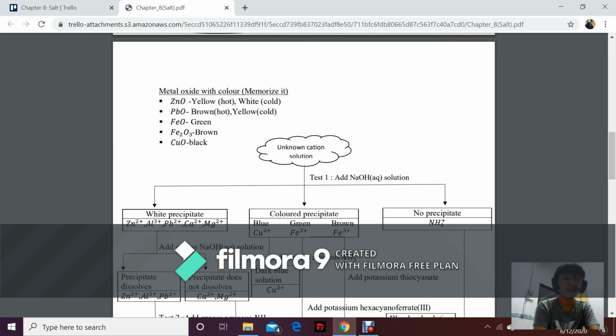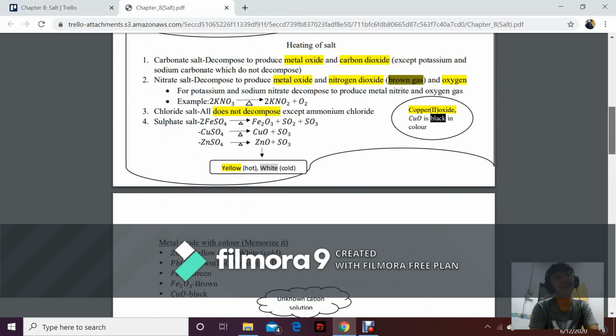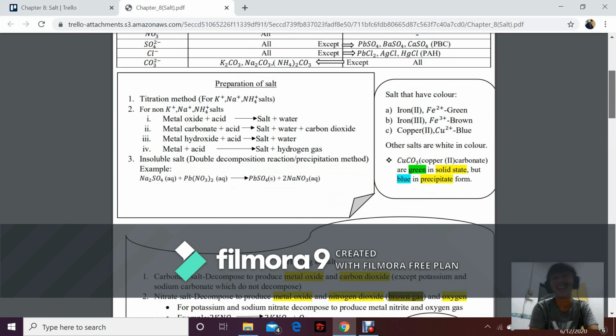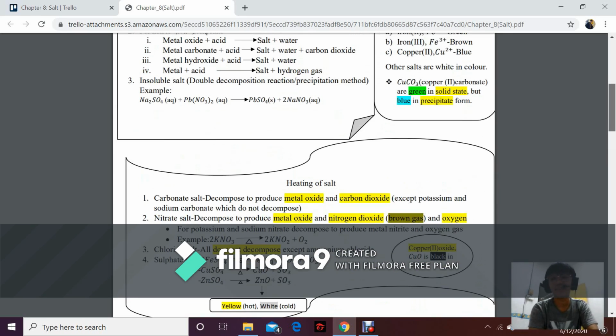The zinc oxide is yellow when hot, white when cold. For lead oxide, brown when hot and yellow when cold. This also you need to memorize. For chemistry, it's all about memorizing. So that is chemistry.